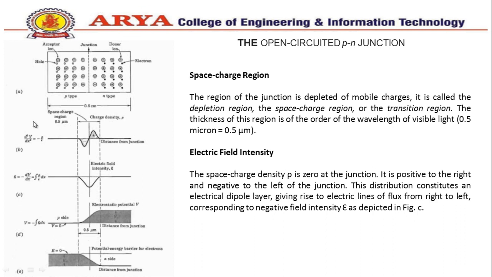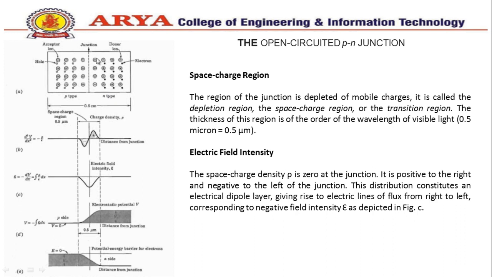Within this very narrow space charge layer, there are no mobile carriers. To the left of the region, the concentration is P equal to Na, the concentration of acceptor atoms, and to the right it is N equal to Nd, the concentration of donor atoms.